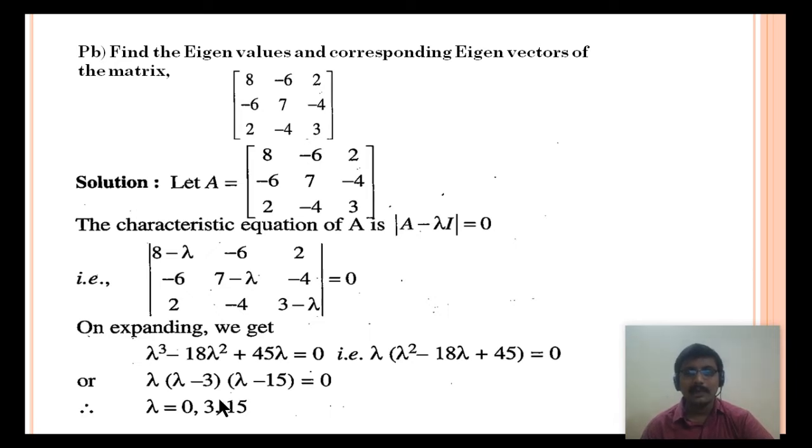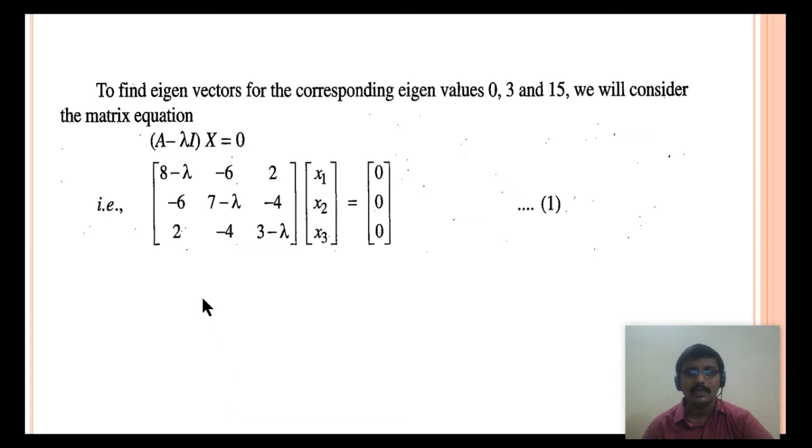For each eigenvalue, there corresponds an eigenvector. To find the characteristic vector or eigenvector, first of all, we have to take the characteristic matrix equation, that is A minus lambda I of x equal to 0. That is the matrix 8 minus lambda, minus 6, 2; minus 6, 7 minus lambda, minus 4; 2, minus 4, 3 minus lambda.